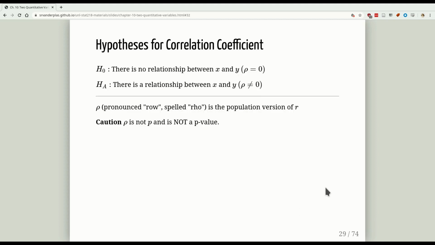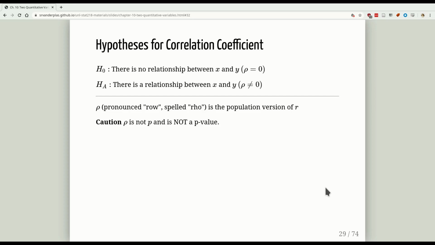So, in our simulation-based inference for the correlation coefficient, we have a null hypothesis that there is no linear relationship between x and y. That is, rho is 0. We have an alternative hypothesis that there is a relationship between x and y, so rho is not equal to 0 usually.